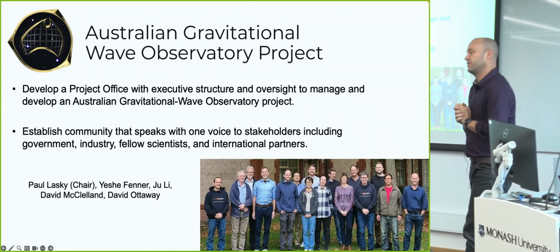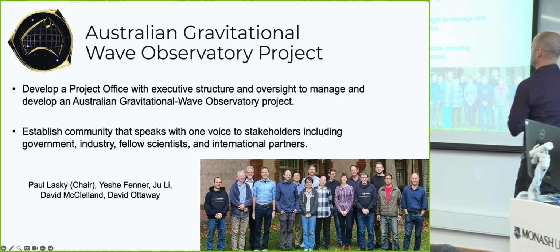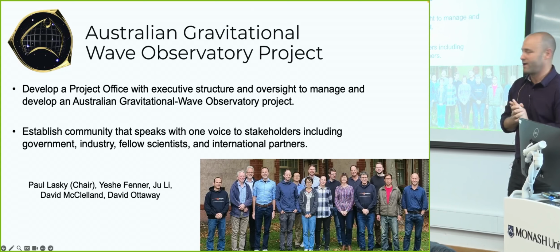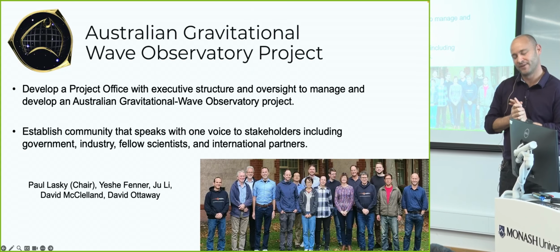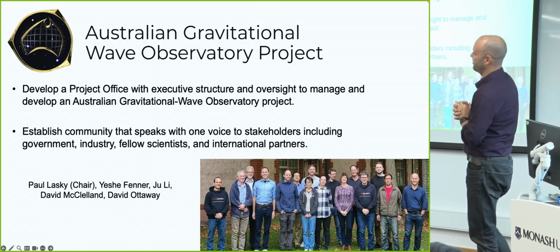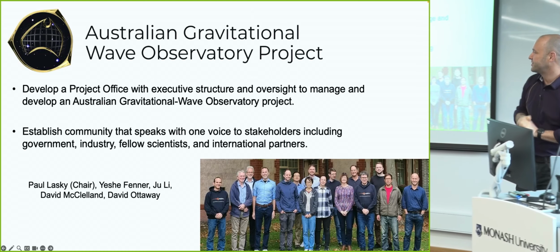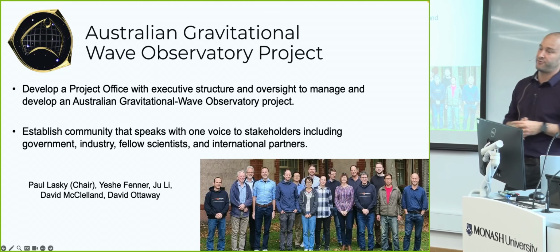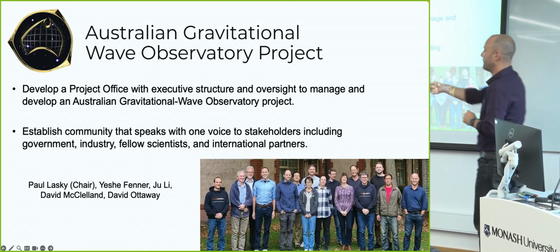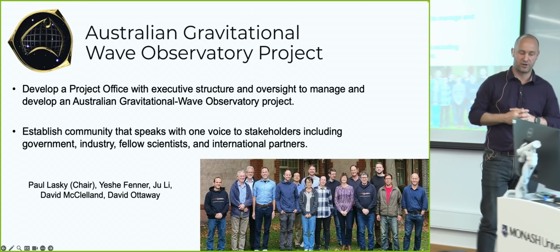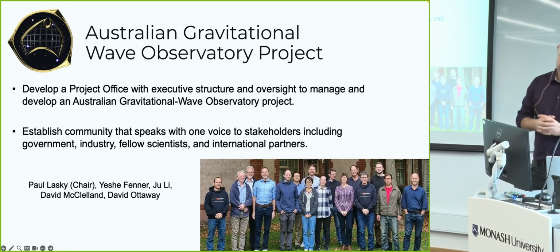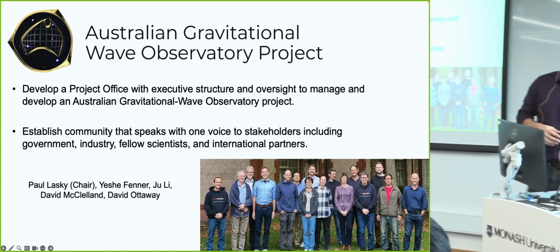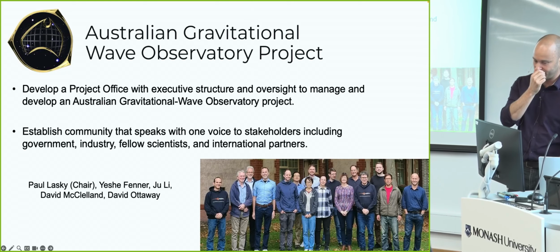It's very early days, but we've formed the Australian Gravitational-Wave Observatory Project Executive Committee, which is tasked with developing this plan and progressing it. I'm chairing that committee with colleagues from around Australia in Ausgrav, and we're trying to understand what the funding landscape looks like.